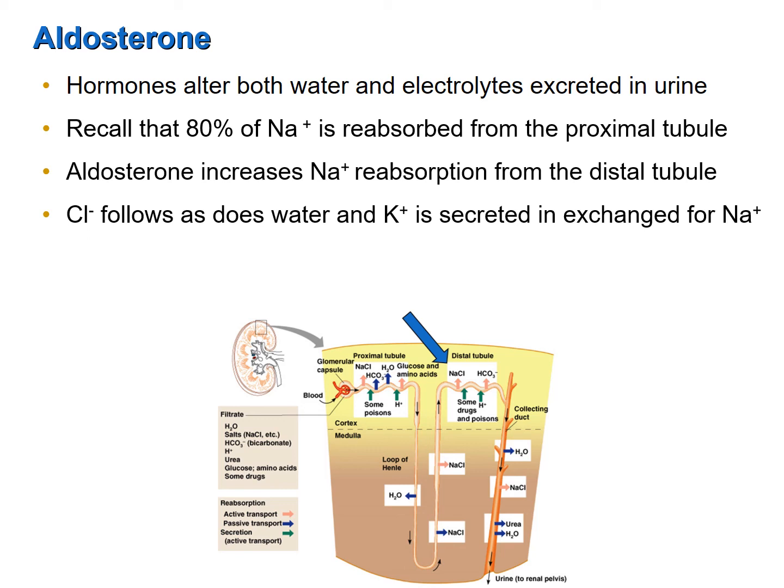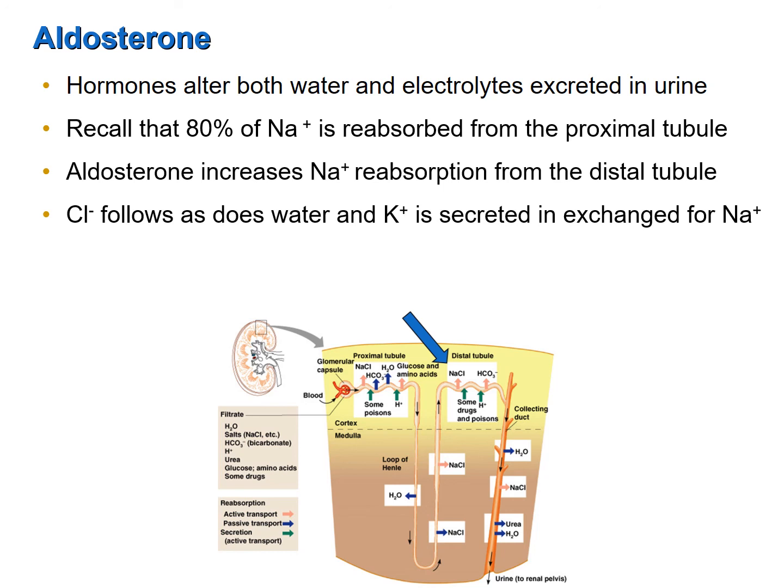Now, there is an old adage that water follows salt, and this adage reflects the fact that when sodium and chloride ions, which are charged particles, move, they tend to attract another charged molecule, water. And so as sodium and chloride are being reabsorbed, water is being reabsorbed as well.